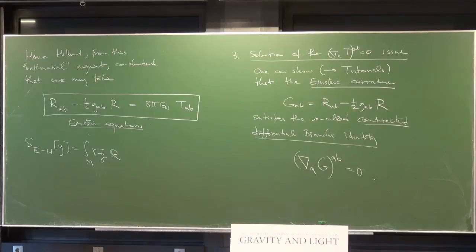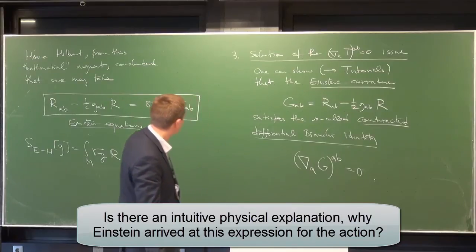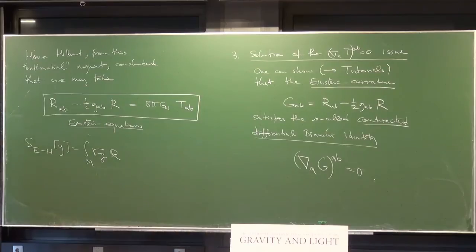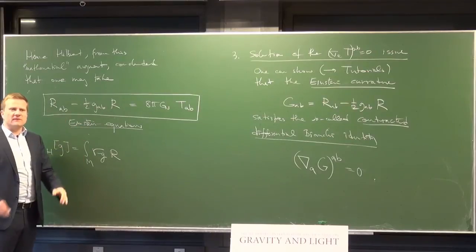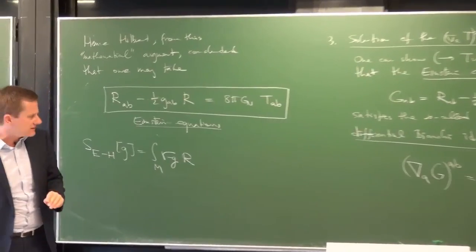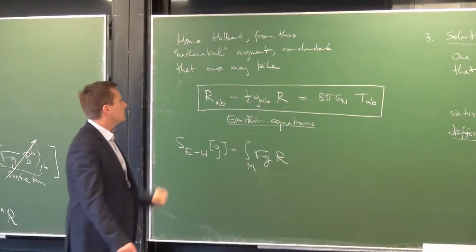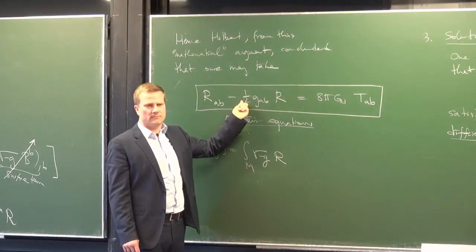Are there any intuitive physical explanations why Einstein arrived at this as well? Well, there are a number. For instance, you can fill space-time with a fluid, and one already understood relativistic fluids at the time, how they behave, and you can then make consistency arguments, and you pick up this term.